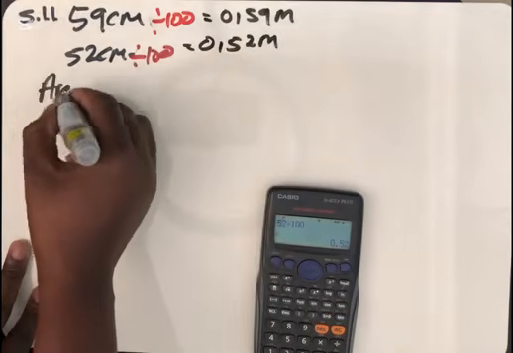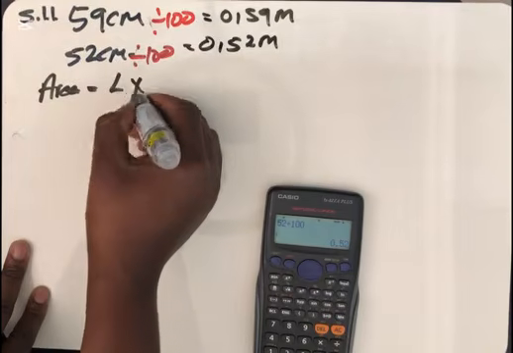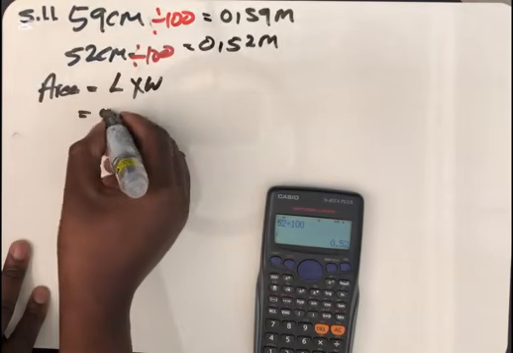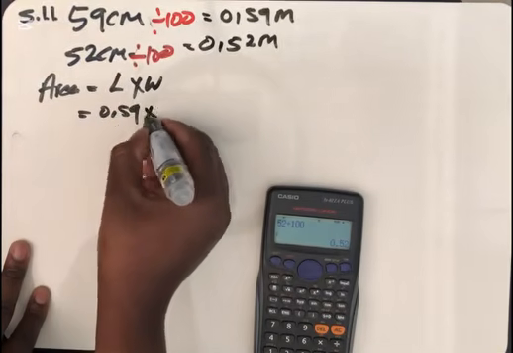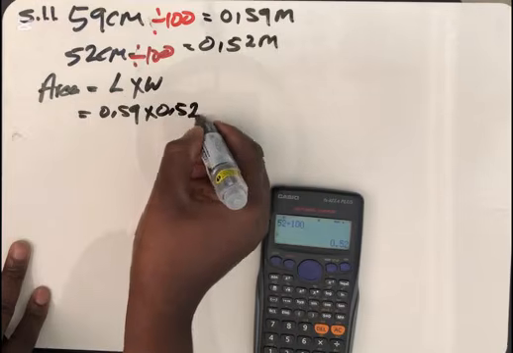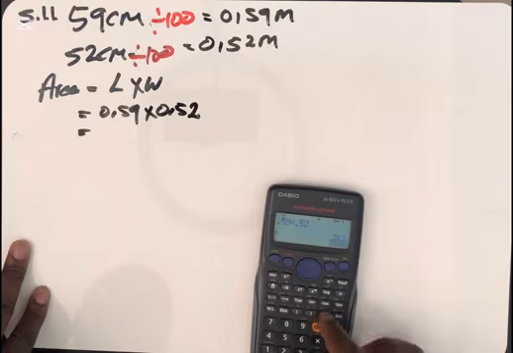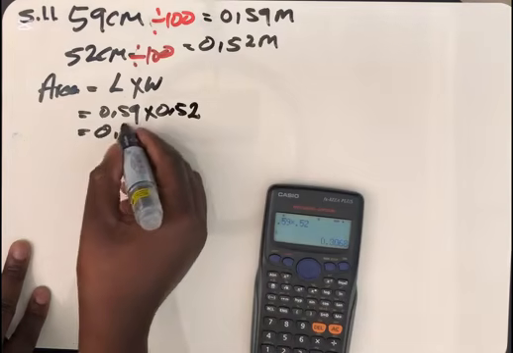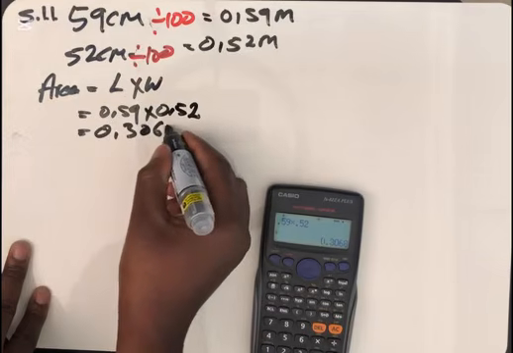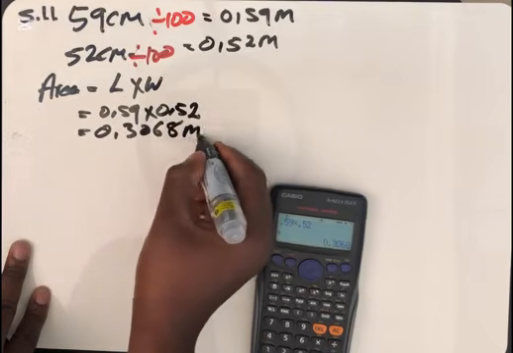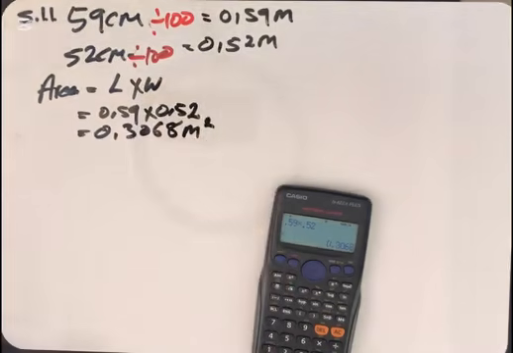And then area is going to be length multiplied by width, 0.59 multiplied by 0.52. It gives us 0.3068 meters squared. That is our answer. And then moving to the next question.